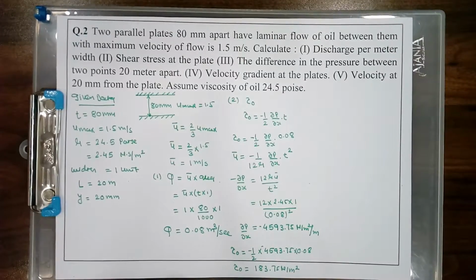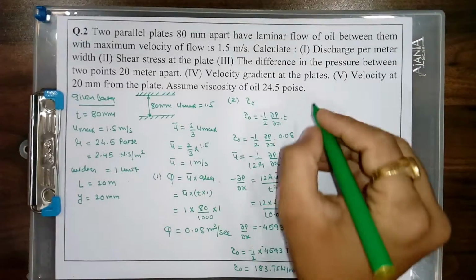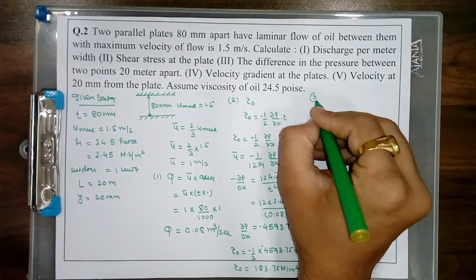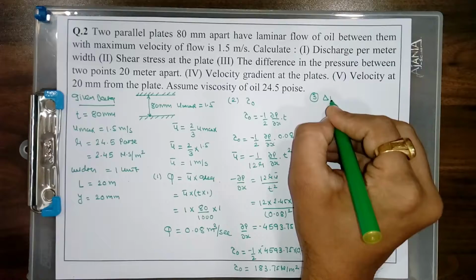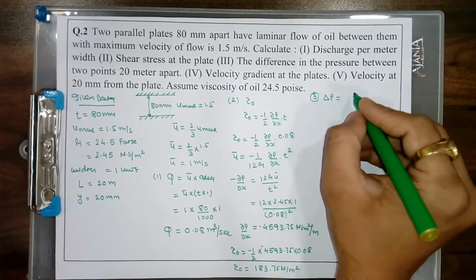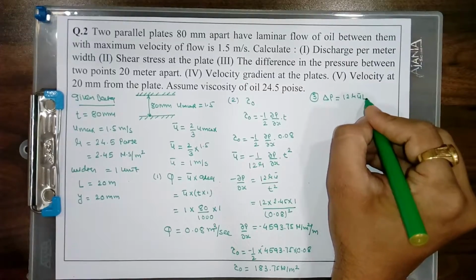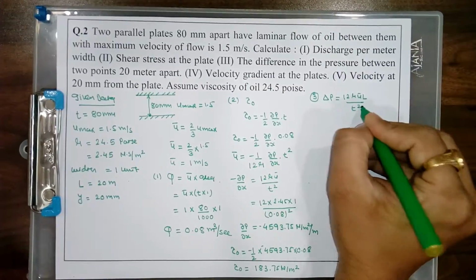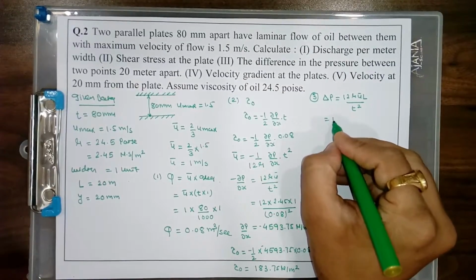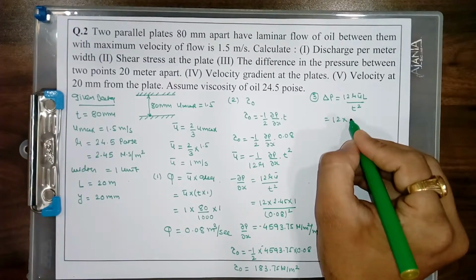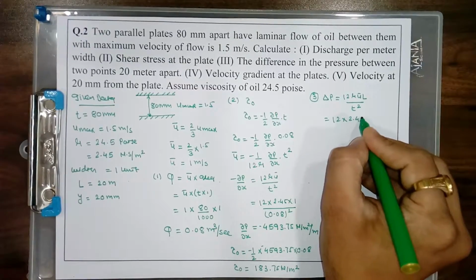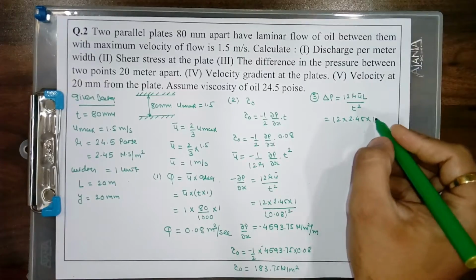Now third is the pressure difference. We calculate the pressure difference, indicated by delta P, having the formula 12 mu u average L divided by t square. So we put down the values: 12, the mu is 2.45, into u average, which is 1.